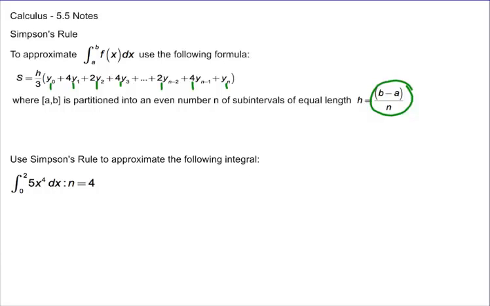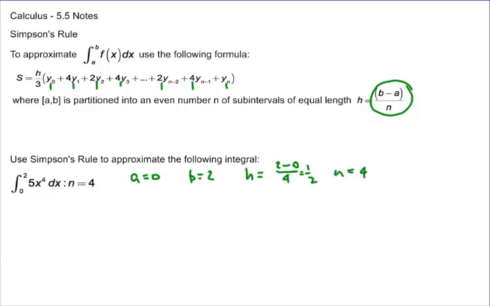Okay, so use Simpson's Rule to approximate the following integral. So a is equal to 0, b is equal to 2, h is equal to (b minus a) over n, and n is 4, so (b minus a) over 4, which is 1/2.